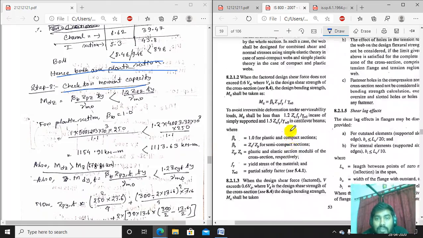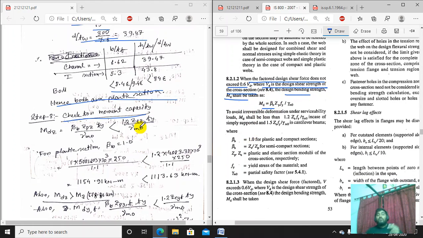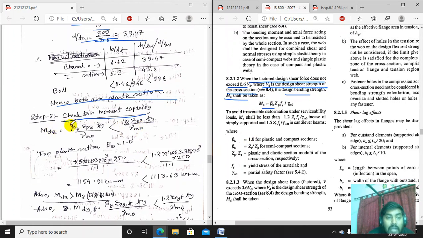Clause 8.2.1.2 says that when the factored design force does not exceed 0.6 Vd, where Vd is the design shear strength of the cross section, the design bending strength Md is given by the formula beta b Zpz fy by gamma m0. We are using that formula only because we are assuming that the shear force that we will determine in the next steps will be less than 0.6 times Vd, the design shear force.